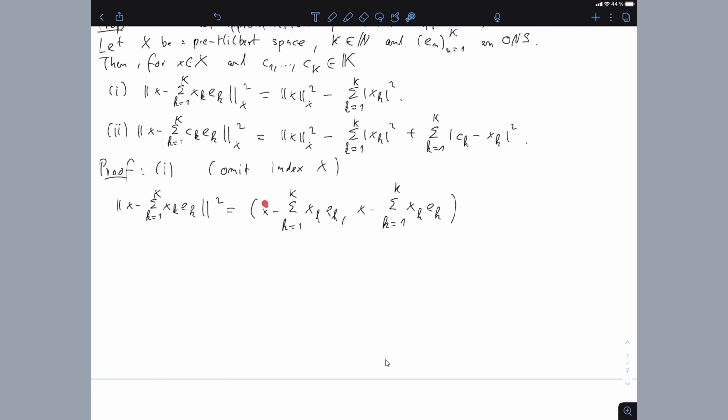So we get x with x minus the sum from k equals 1 to capital K of x_k e_k with x, and minus x with the sum of x_k e_k, which gives us a plus, plus more sums.